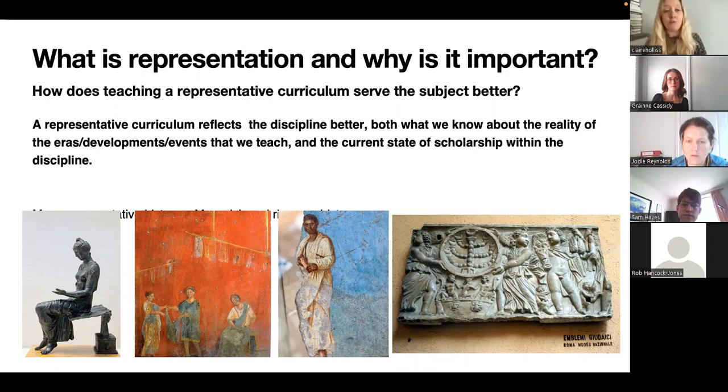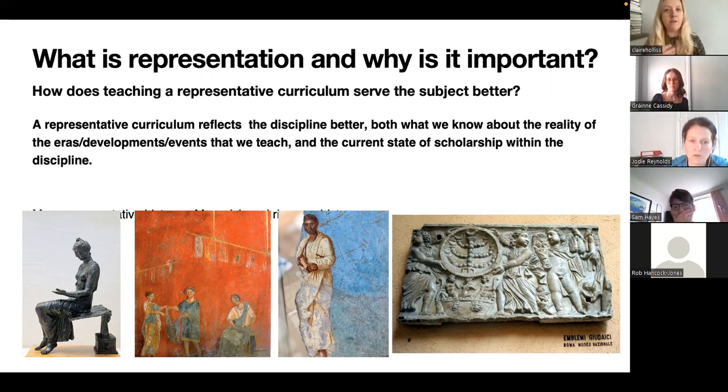So I think it's also really important to reflect the discipline to them as accurately and completely as we possibly can, both in terms of what historians or classicists know about the eras and developments and events that we teach, the full picture, or at least a fuller picture, but also what the current state of scholarship is in the discipline.